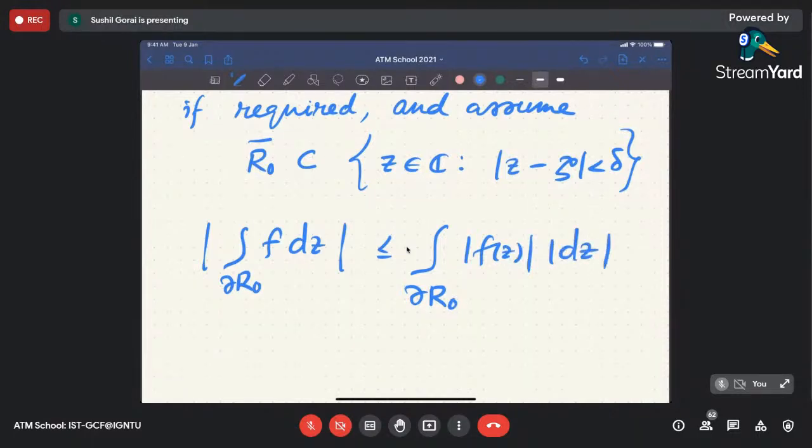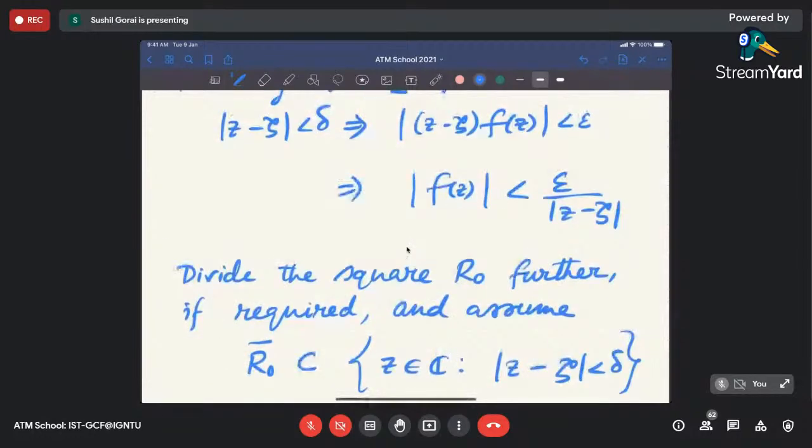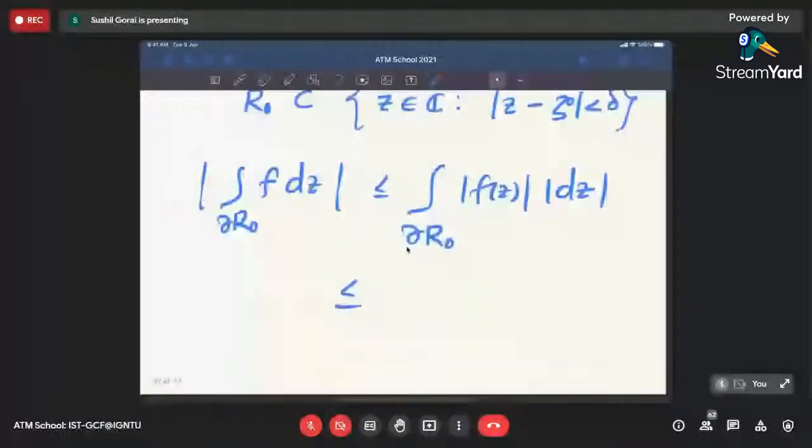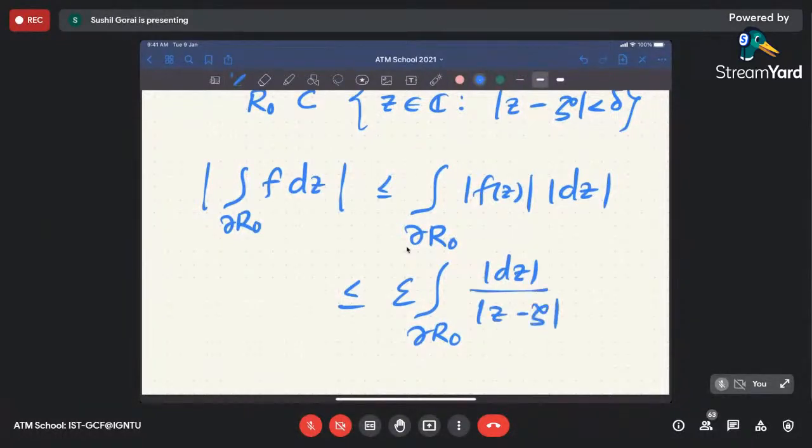So this is less than or equal to, since mod f(z) is nothing but this, epsilon, which comes from here, times the integral over del R naught of mod dz by mod z minus zeta. All right. Now this was a tutorial exercise.